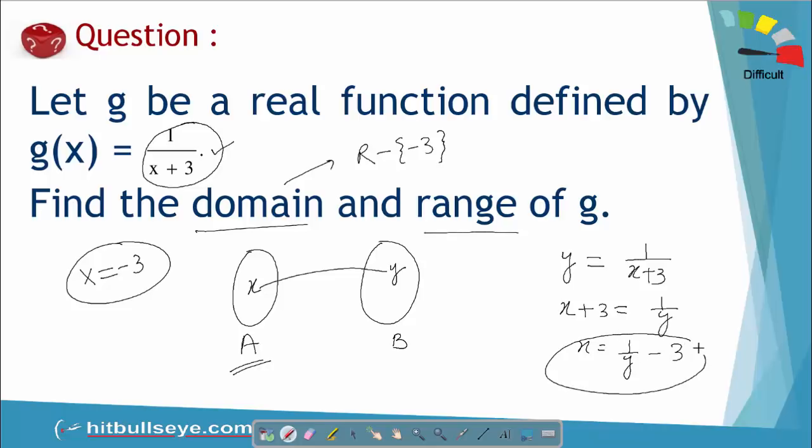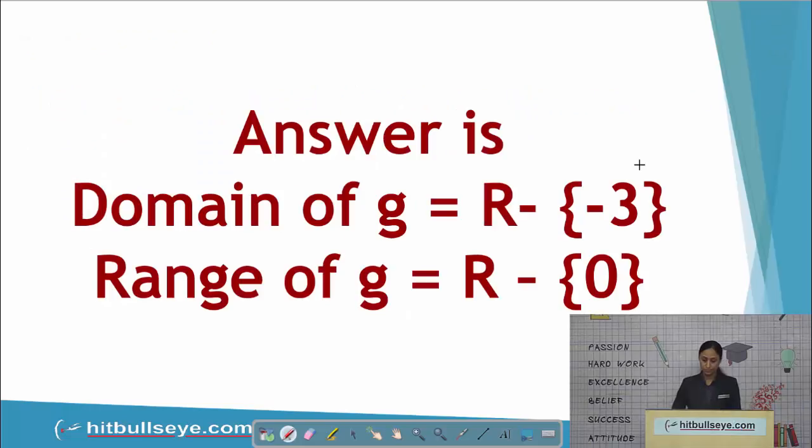That means for every y, I will have an x provided this y should not be 0. If y is non-zero, then there will certainly be an x such that the image of x is y. That means the range of this function will have all real numbers except for the number 0. Okay, so you can see the answer here.